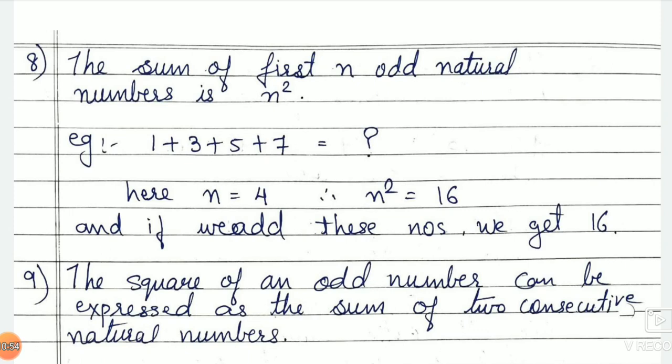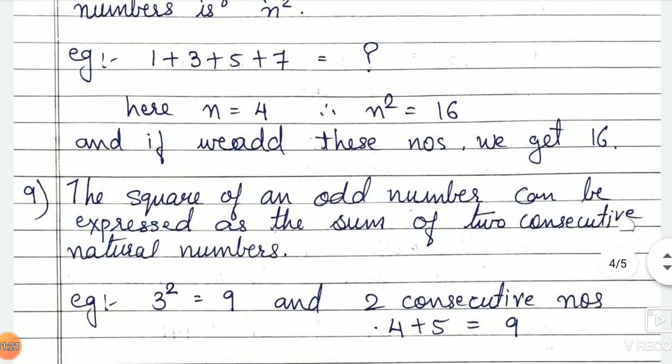If you square that count, the sum of these odd numbers will be the same. For example, I have taken 1 plus 3 plus 5 plus 7. So these are 4 odd numbers, 1, 3, 5 and 7. The square of 4 is 16. And if we add these numbers, 1 plus 3 plus 5 plus 7, our answer is also 16.